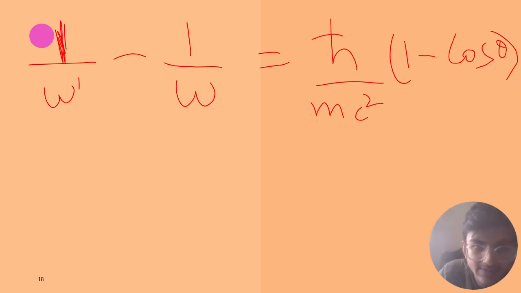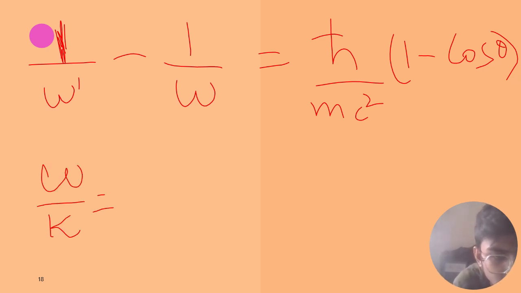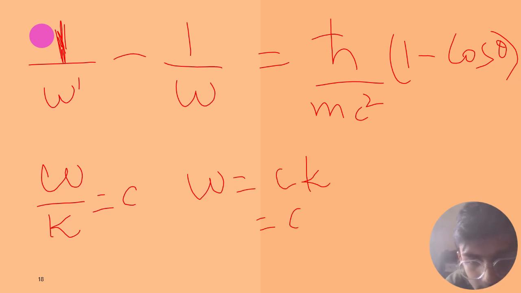So to express this in terms of wavelength, we know this w by k is equal to c. Now we also know that w can be written as c into k. This k is actually 2 pi by lambda. So we will use this particular expression here.